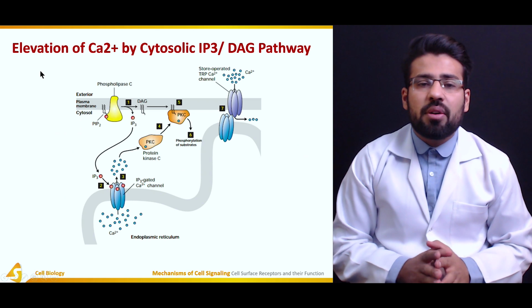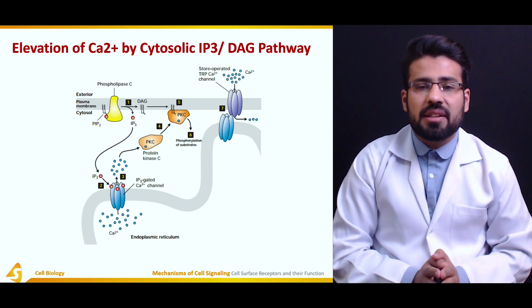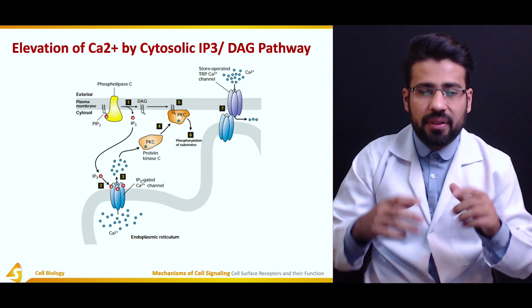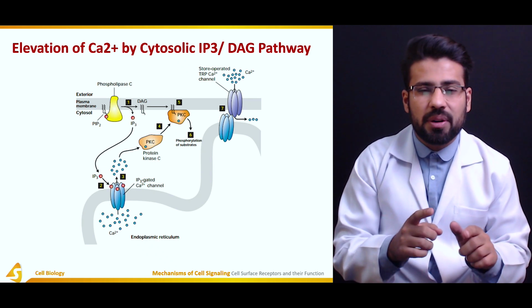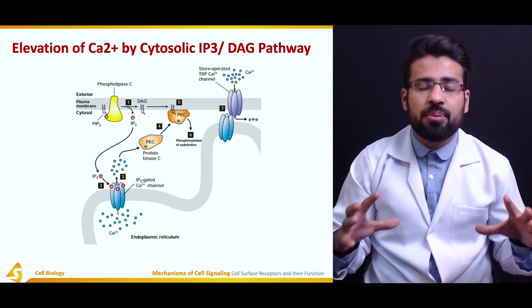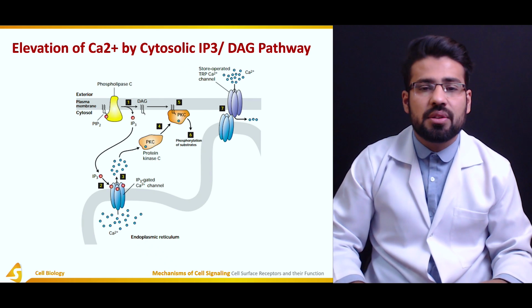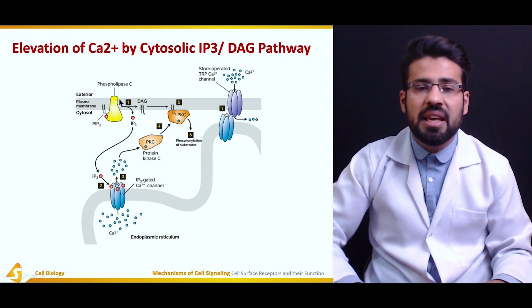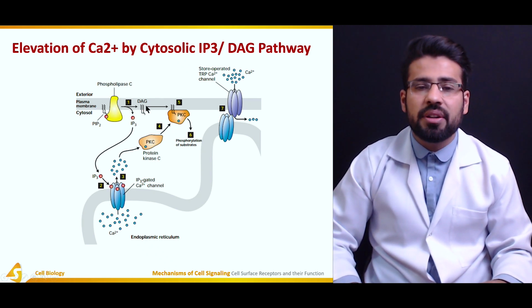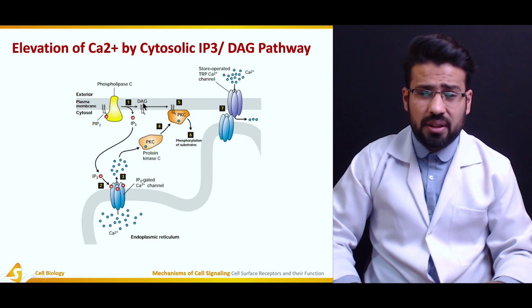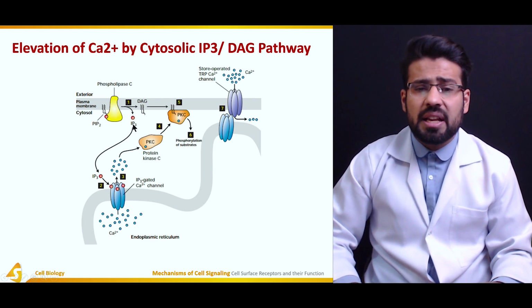So talking about the elevation of calcium ions by the cytosolic IP3 and DAG pathway, we have already discussed this particular pathway when we discussed the phospholipase C activation. Phospholipase C, after being activated, is going to cause the production of diacylglycerol and IP3 as well.